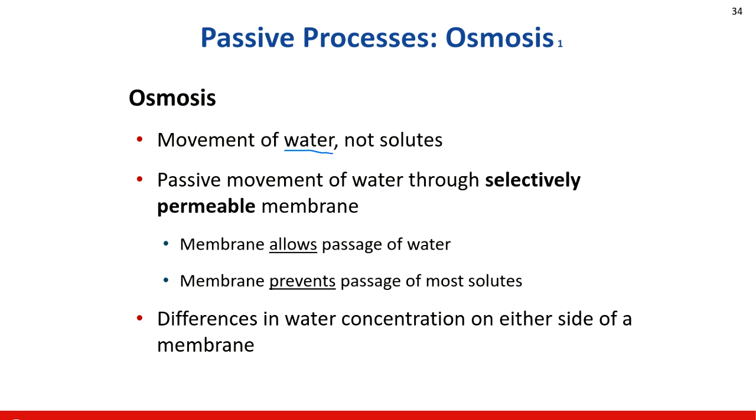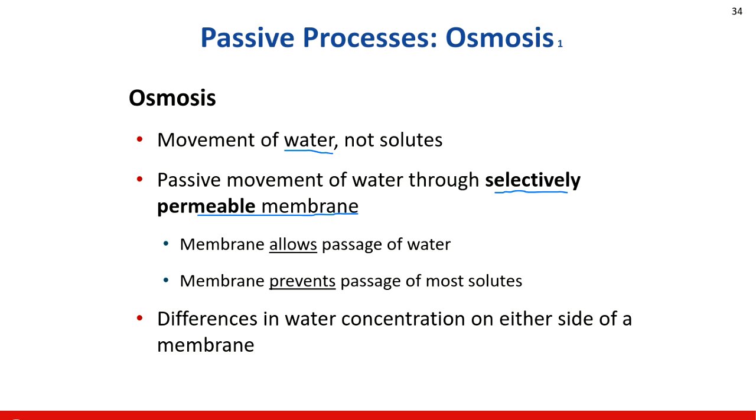So what's a solute? Everything else that's not water. Sodium, glucose, fatty acids, whatever, urea. That's what we're going to consider for our purposes to be a solute. Okay, so osmosis is the movement of water. And two, with osmosis, the water has to move through a selectively permeable membrane.